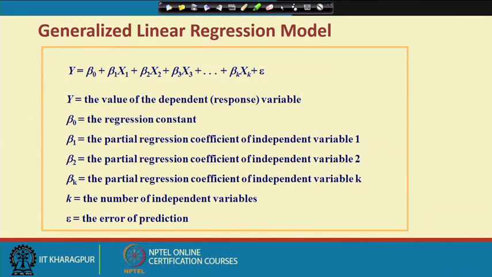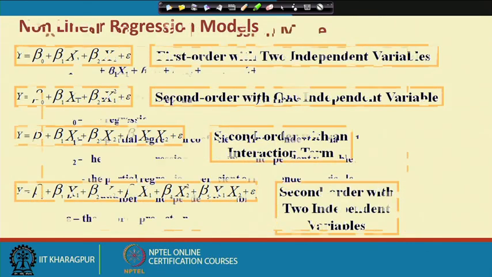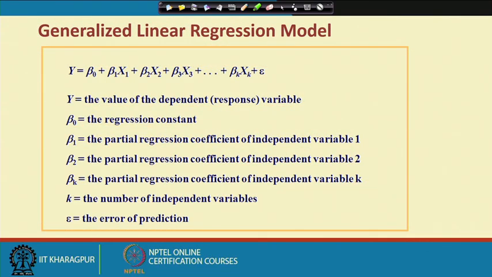So, generalized regression modeling is like this, and this is actually the multiple regression modeling. In this case, the typical structure is that there is a linear relationship among the dependent variable and independent variables.